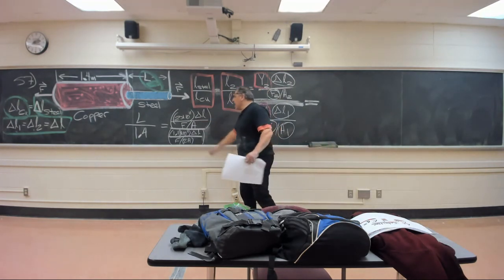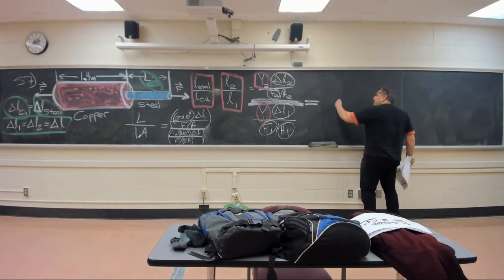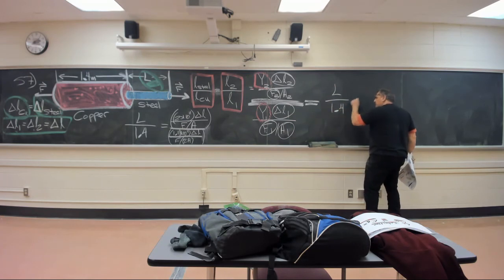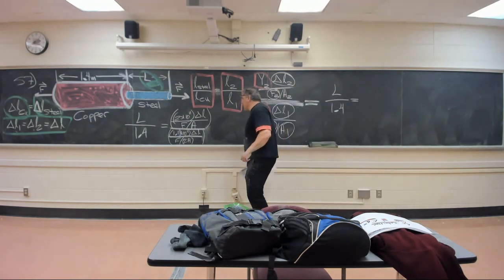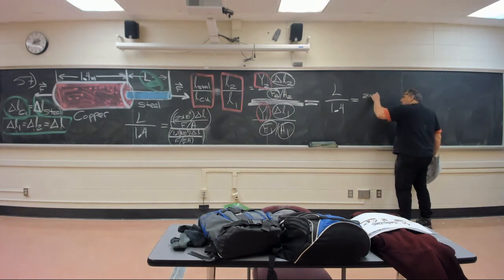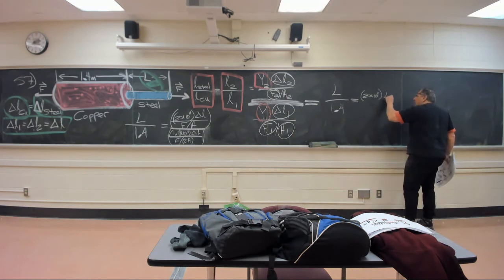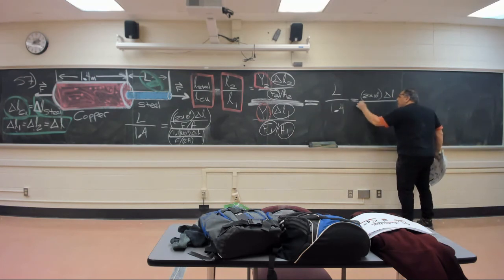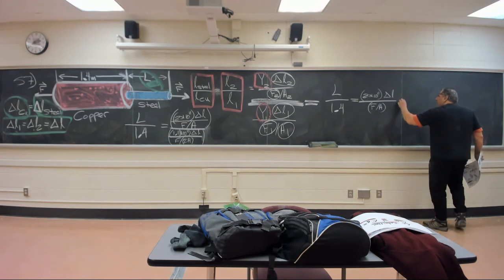If you deal with this, what do you got? Well, at the end of the day, you've got L over 1.4. And here we go, this is going all over the place. You've got 2 times delta L, F over A. The other one flips.